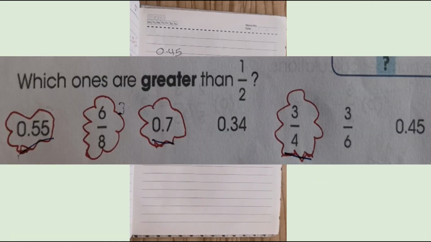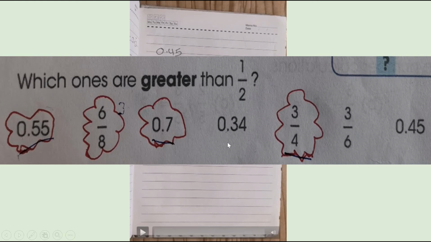Our answer should be like this: 0.55, 6 out of 8, 0.7, 3 out of 4. All these are greater than 1 out of 2. 3 out of 6 is not greater than 1 out of 2, because it equals 0.5. And 4 is smaller than 5, so 0.45 is smaller than 0.5.